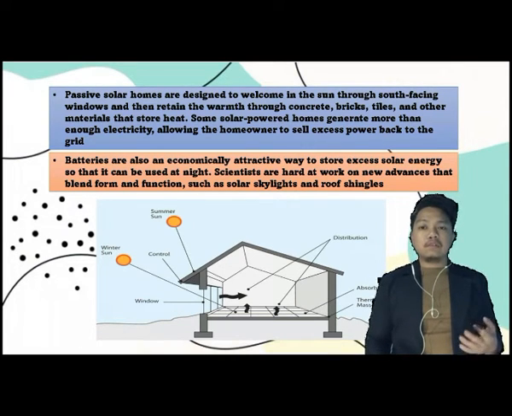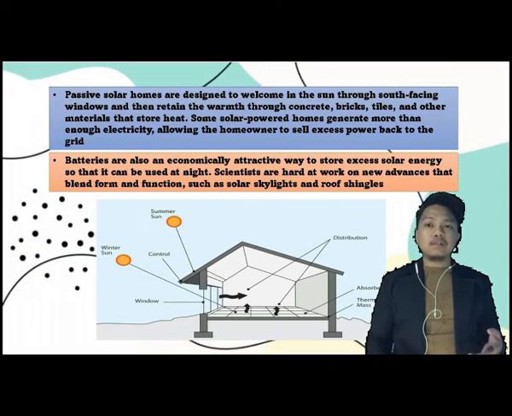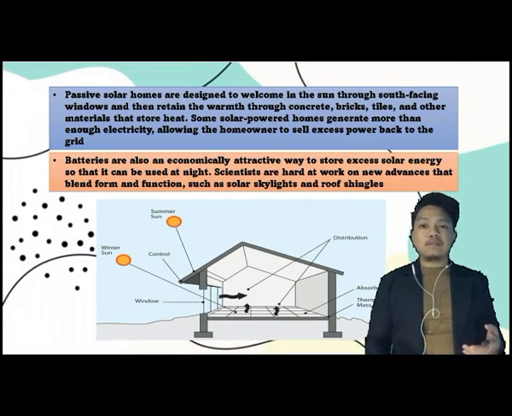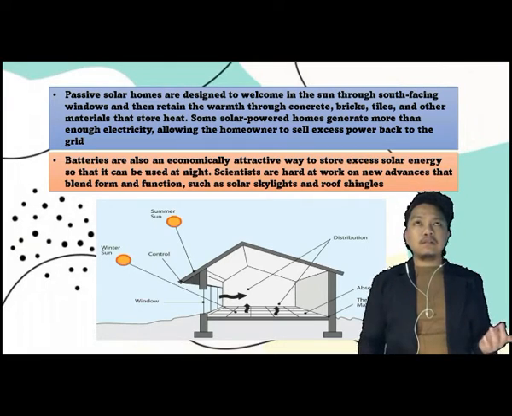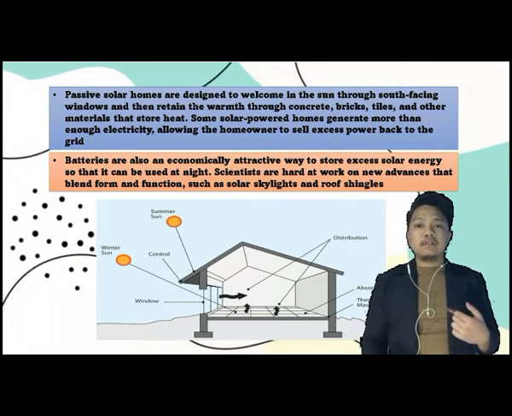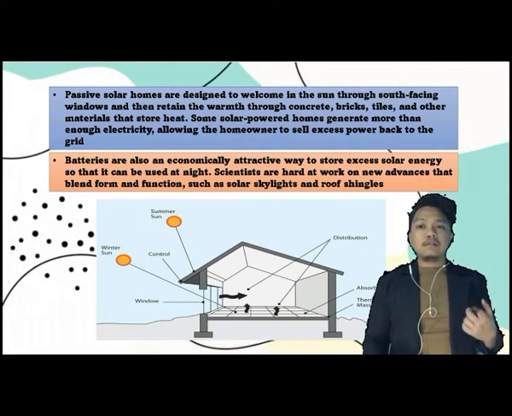Batteries are also an economically attractive way to store excess solar energy so that it can be used at night. Scientists are hard at work on new advances that blend form and function, such as solar skylights and roof shingles.